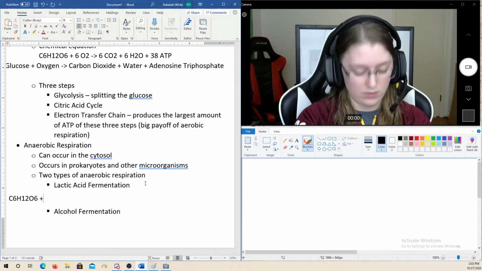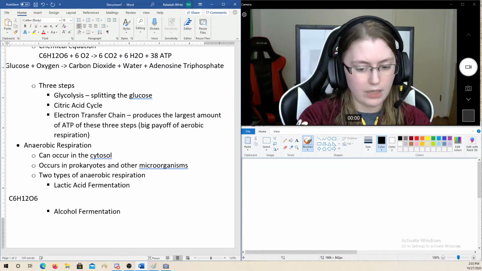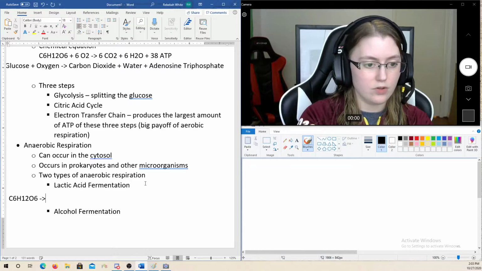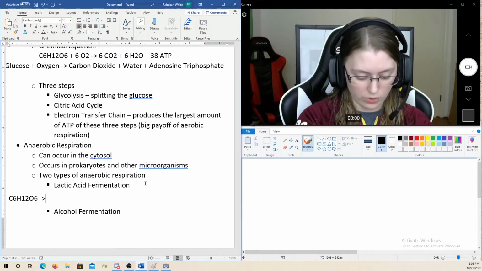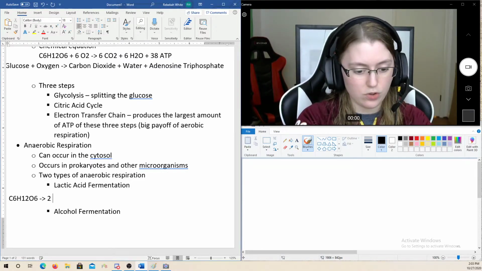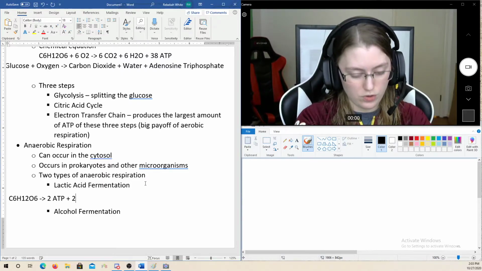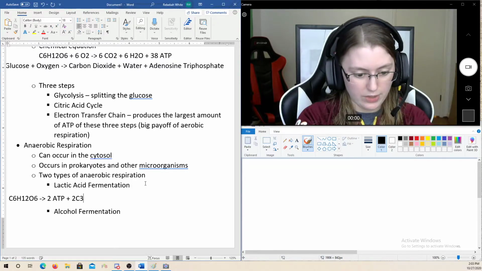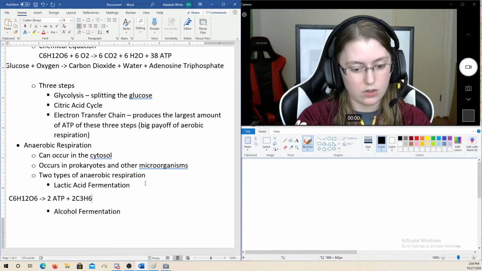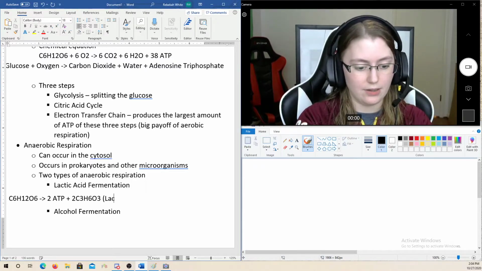C6H12O6 plus, actually there is no plus on this side. So that's our reactant. Our reactant is just glucose, and then it's going to produce 2 ATP, and it's going to produce 2 C3H6O3, which is lactic acid.